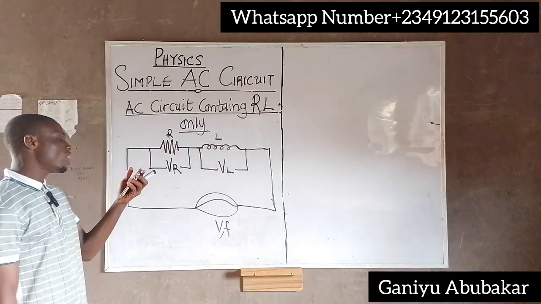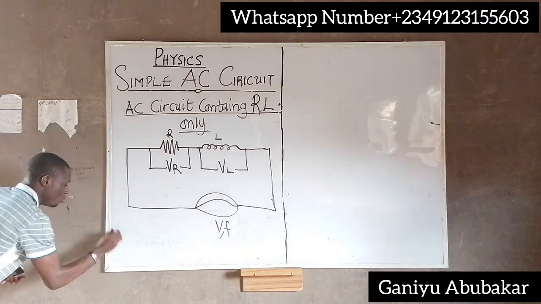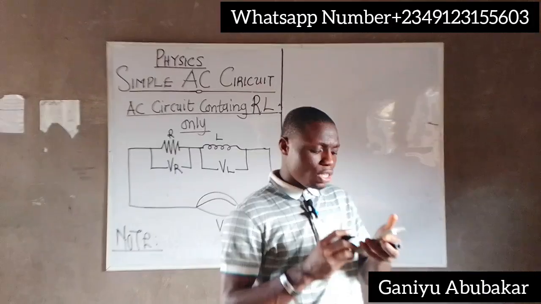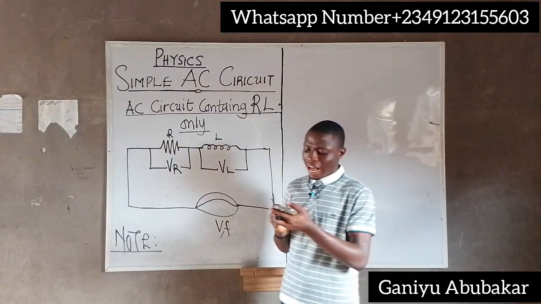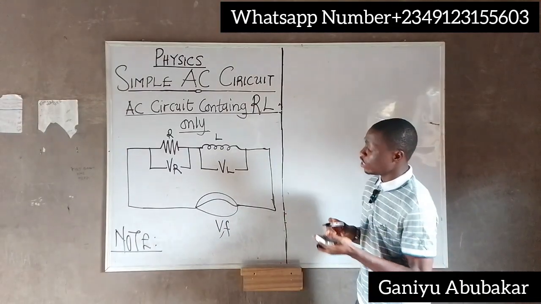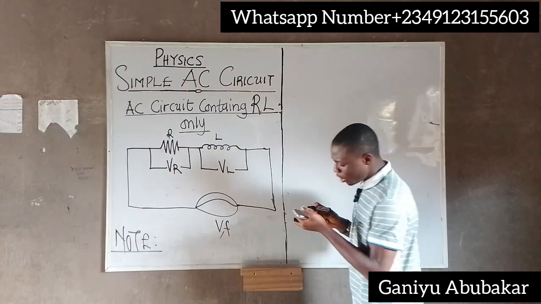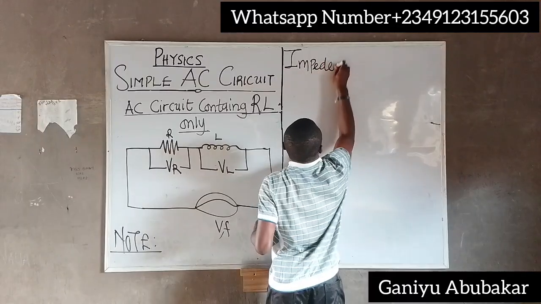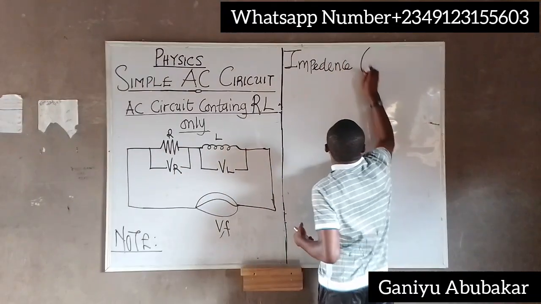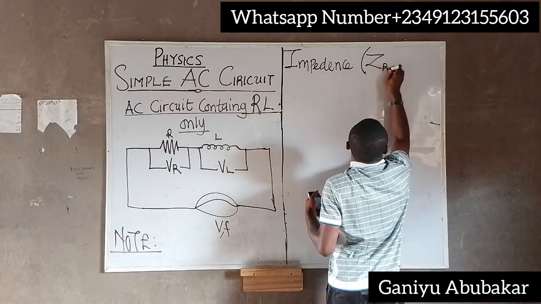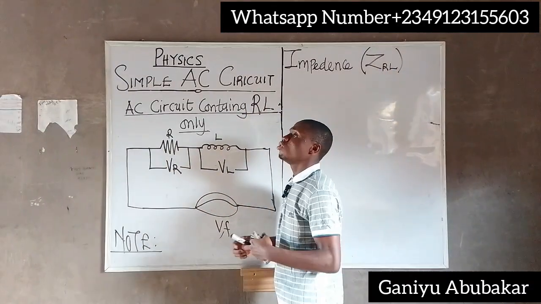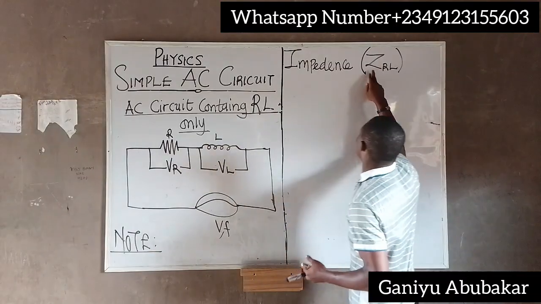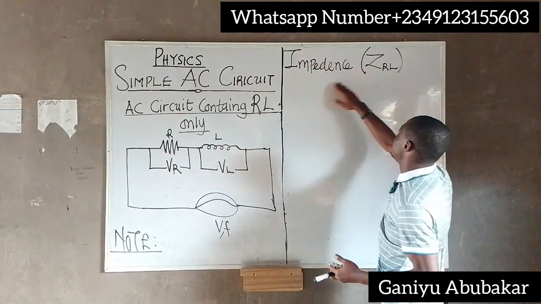For AC circuits containing resistor and inductor only, please note, the opposition to the flow of current in an RL circuit, that is resistor and inductor circuit, is called the impedance, in brackets ZRL.